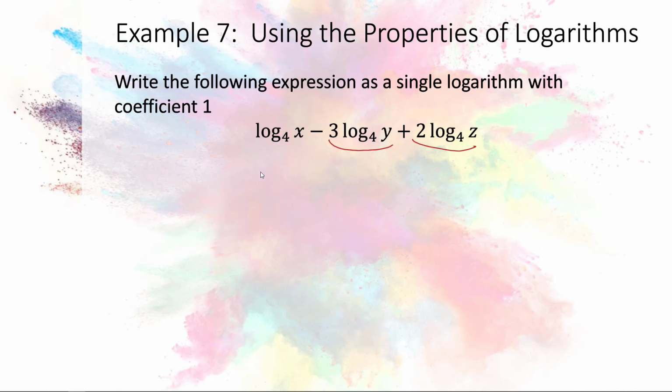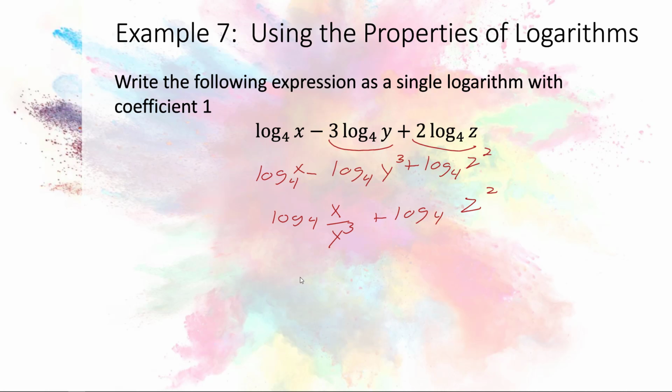If we did, we could write this as log base 4 x minus log base 4 evaluated at y cubed plus log base 4 evaluated at z squared. Okay, cool. Now we can use the product rule and the quotient rule. With these, we will have, this should be an x here, sorry about that, log base 4 x over y cubed, that's these two, and then plus log base 4 of z squared.